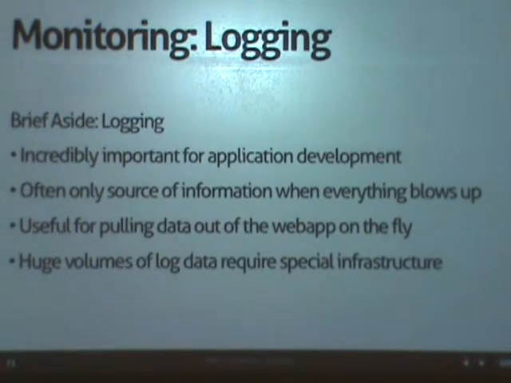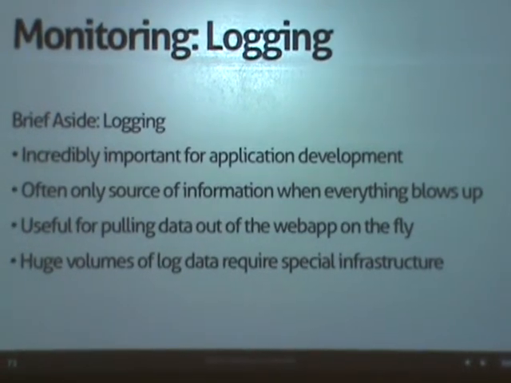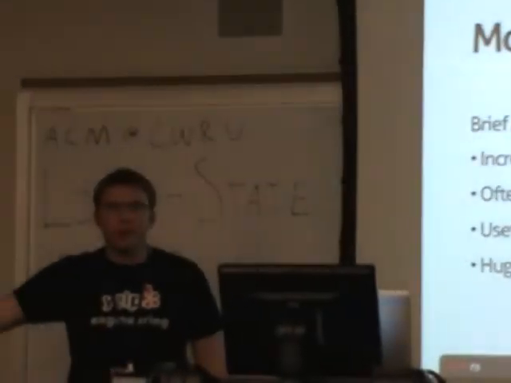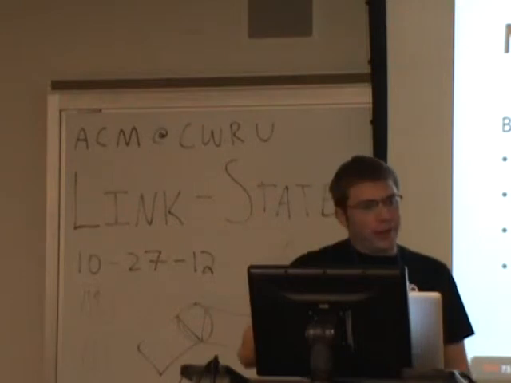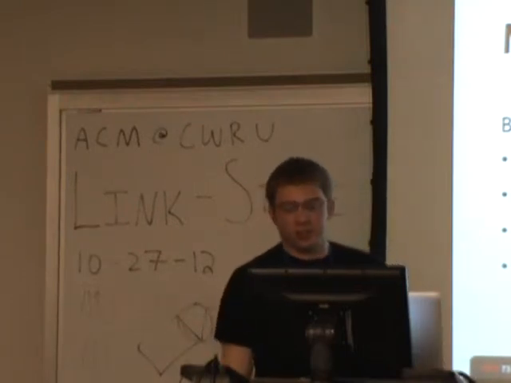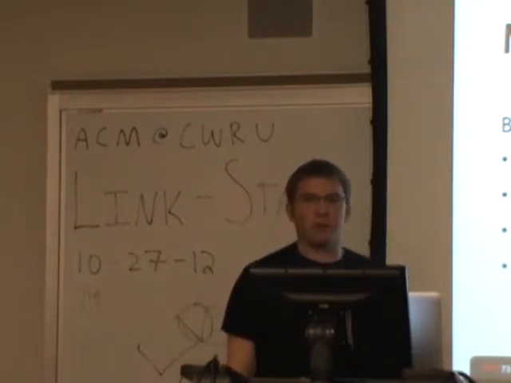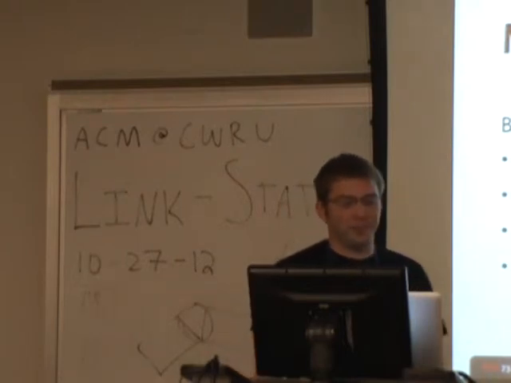So a quick aside here, like I said, monitoring is often overlooked, and so is logging. I mean, everybody here has probably used print statements for debugging at one point or another, right? Like, what does this variable look like now, and what does it look like now? Logging tends to be essentially the grown-up version of print statement debugging.